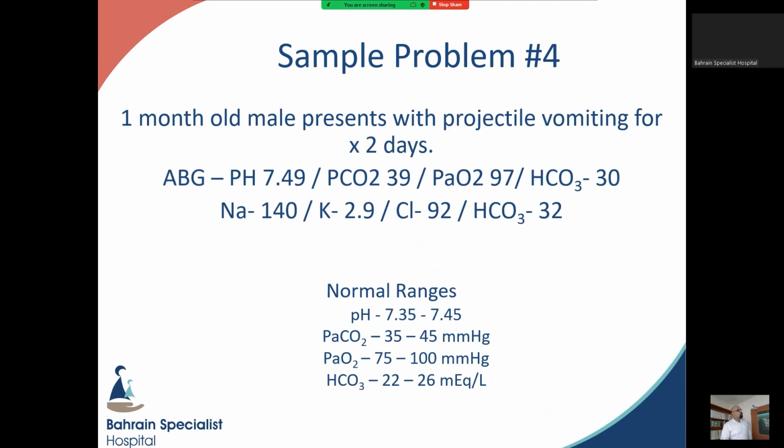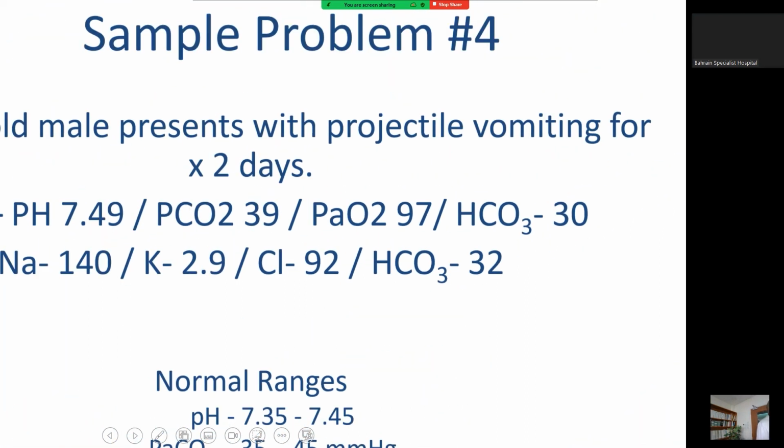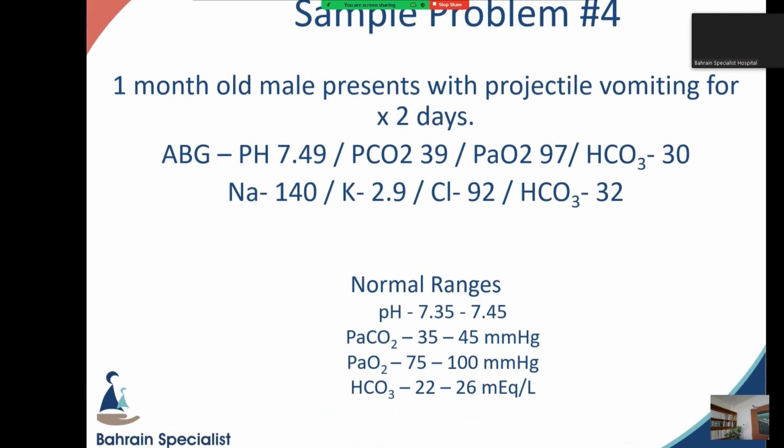Last one, a 1-month-old presents with projectile vomiting for 2 days. ABG, this is the simplest: 7.49, alkalosis. PCO2 35 to 45, normal. HCO3 is elevated, then this is a metabolic alkalosis.